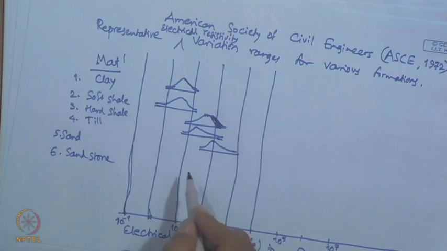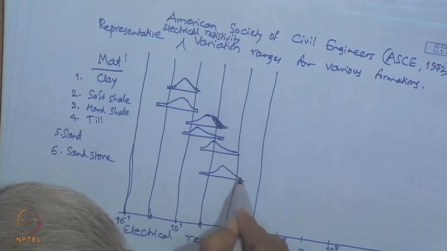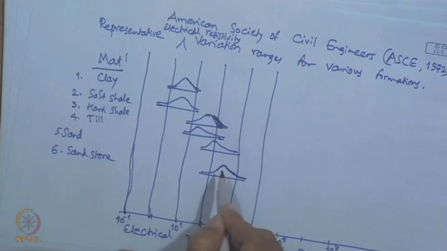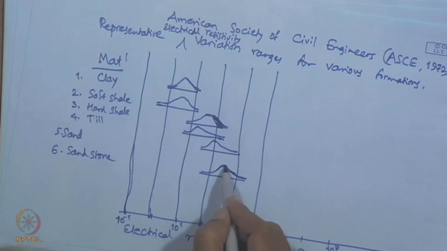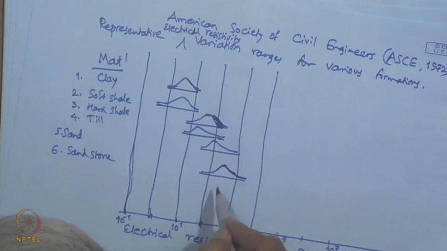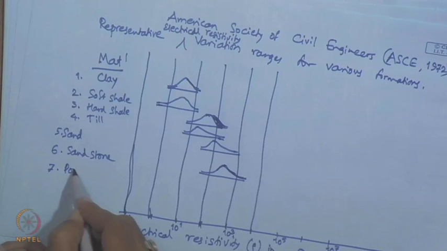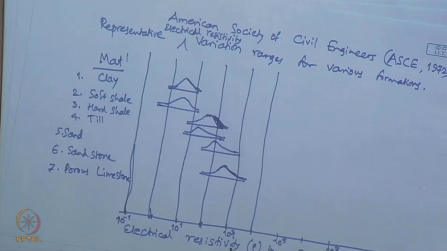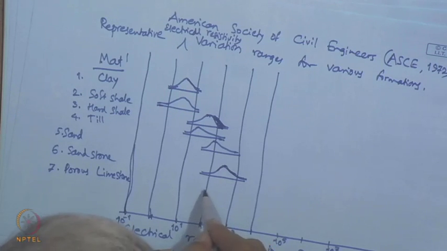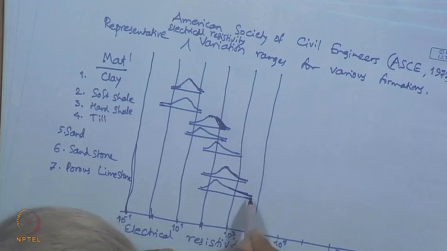Sandstone shows an even higher electrical resistivity, almost a symmetrical variation with the mode lying between 10 to the power 2 and 10 to the power 3, followed by porous limestone. Porous limestone also has a mode value, only it is skewed to the left.